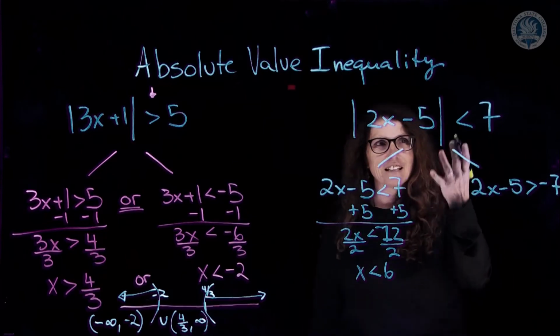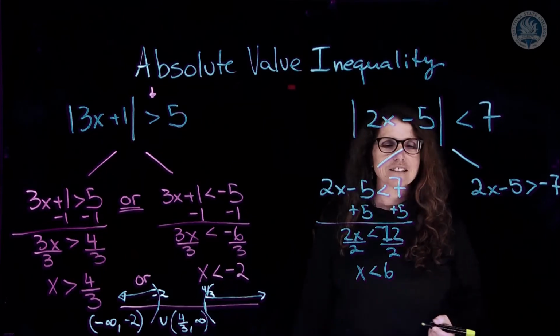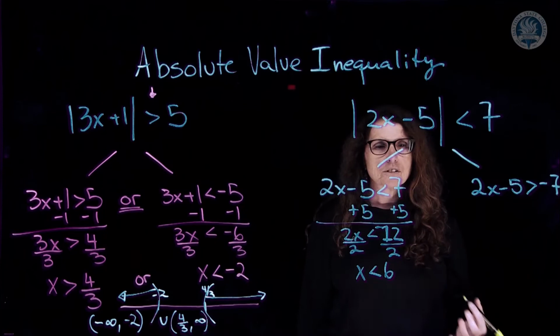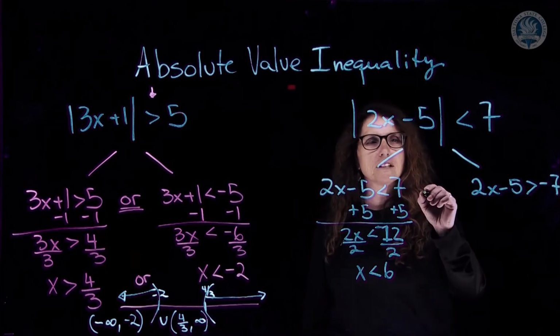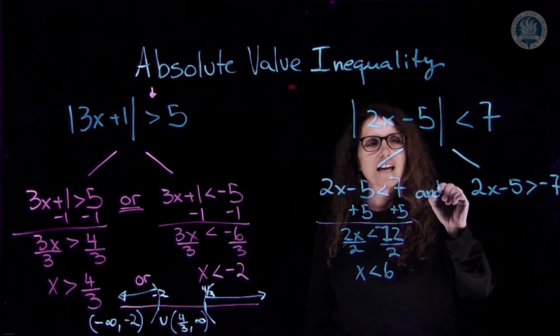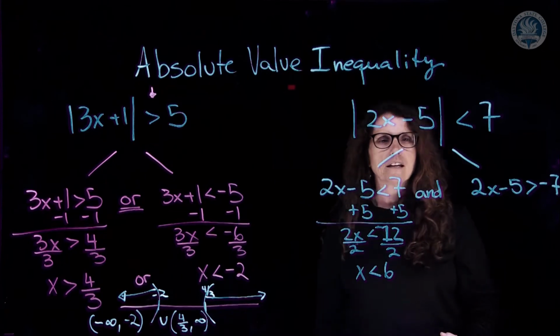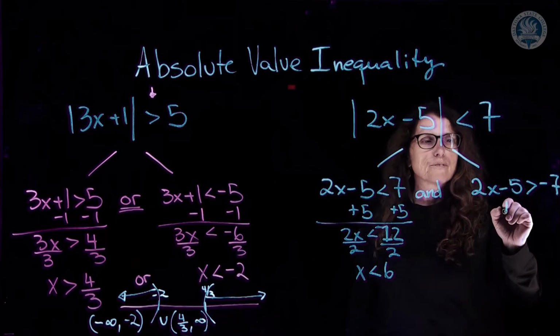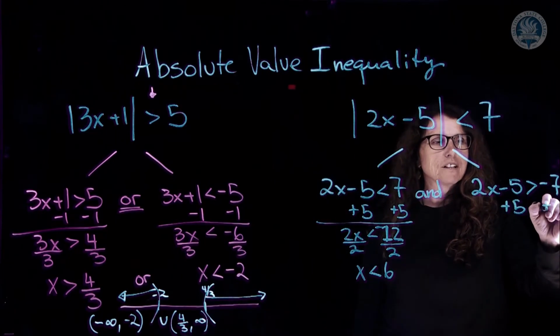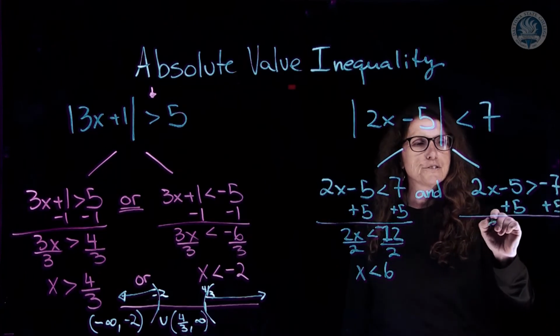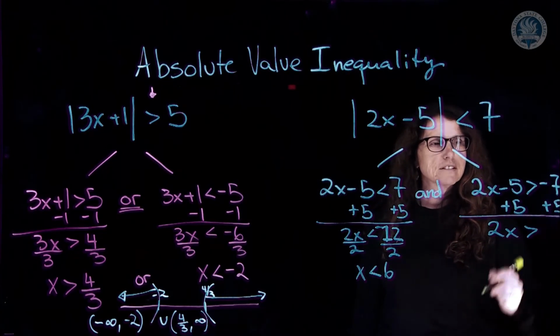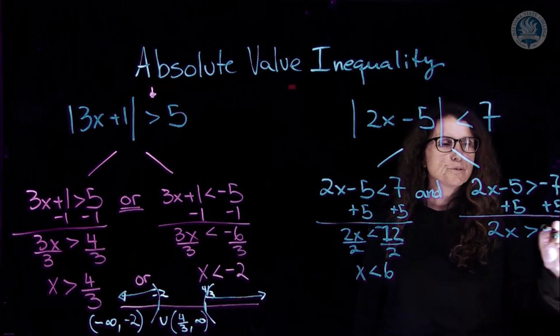Now with a less than inequality and an absolute value, our compound word in between in this case is and. We solve this inequality. 2x is greater than negative 2.